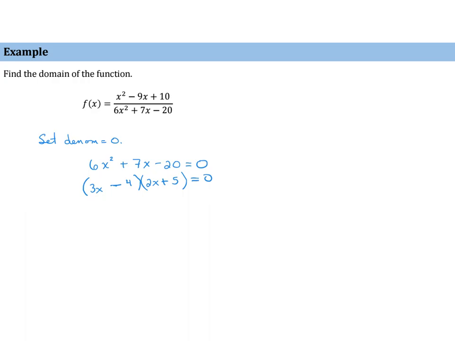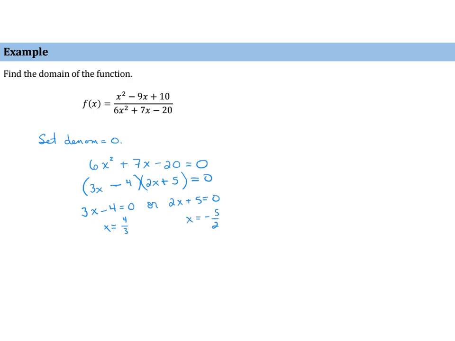You could have used the quadratic formula, but it is not necessary to do so here. You will obtain the same values though. So 3x minus 4 equals 0, or 2x plus 5 equals 0. So x would equal 4/3, or x equals negative 5/2.